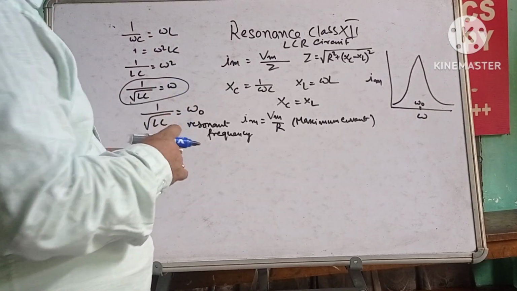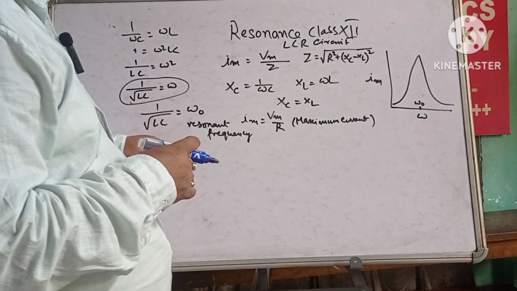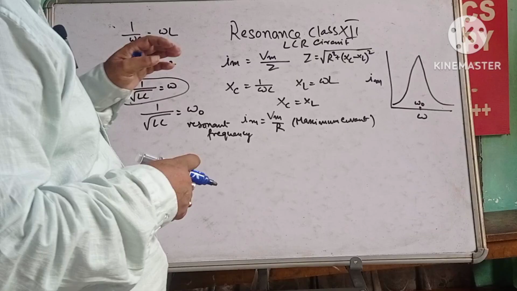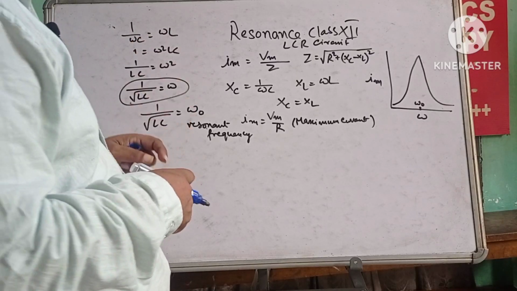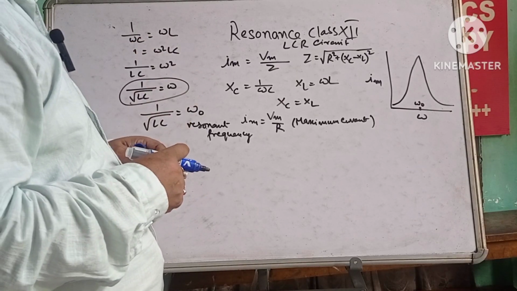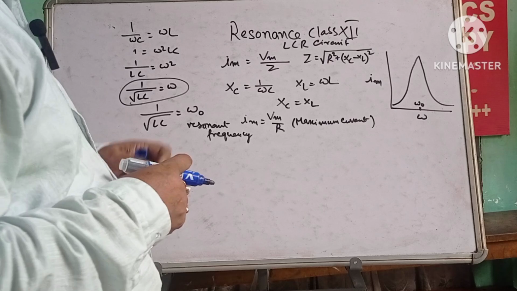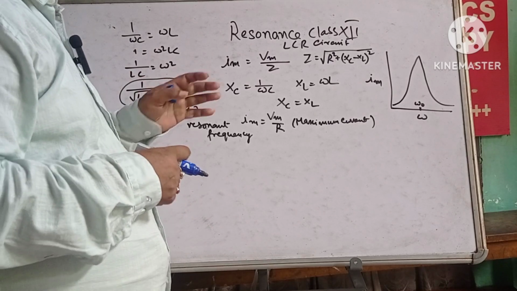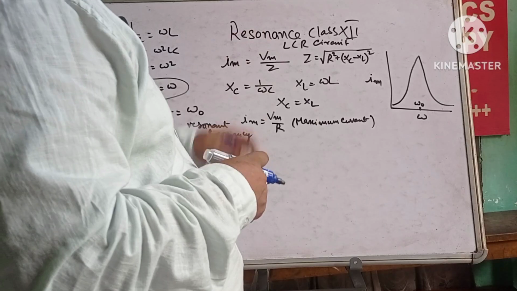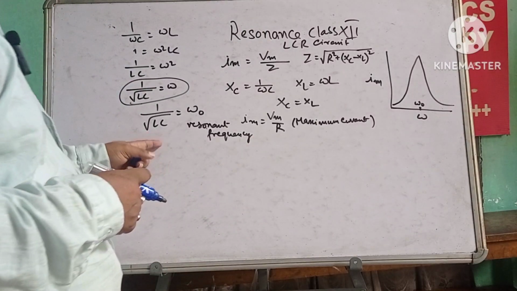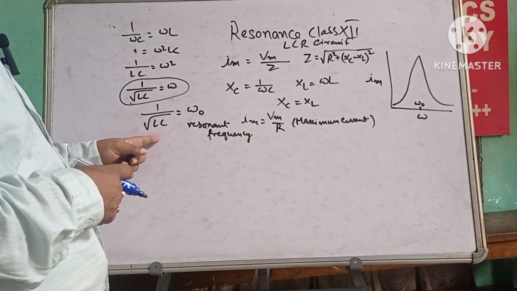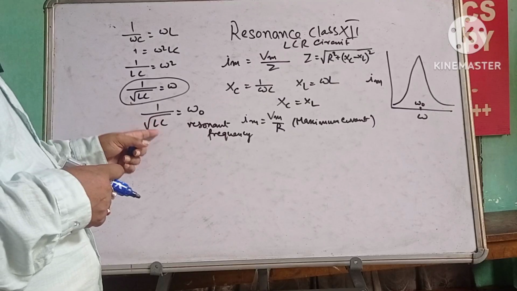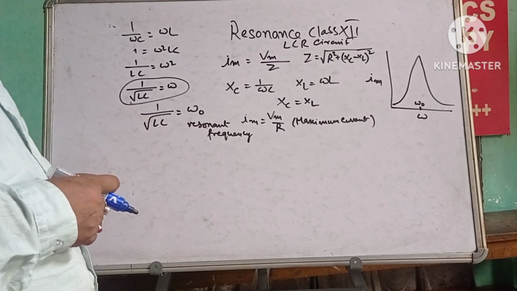So here comes the main theory. This LCR circuit is utilized in the radio receiver. My objective here is to explain how. So here you see one thing: you can't vary the inductance.